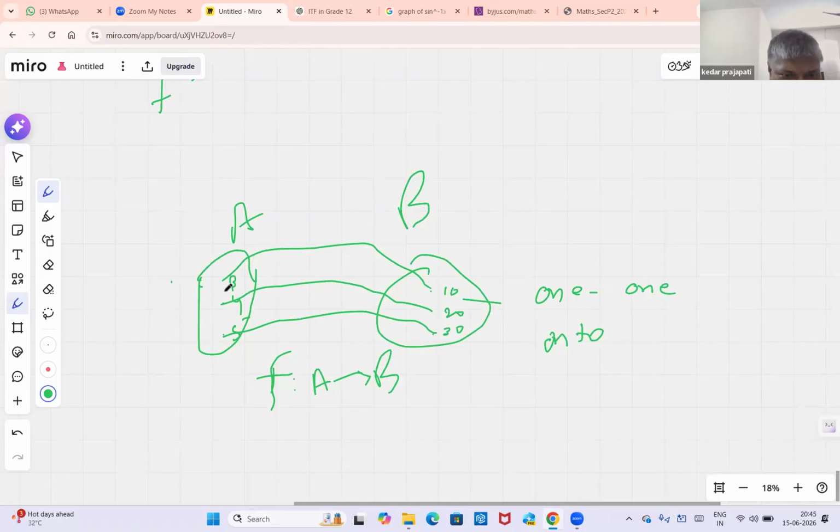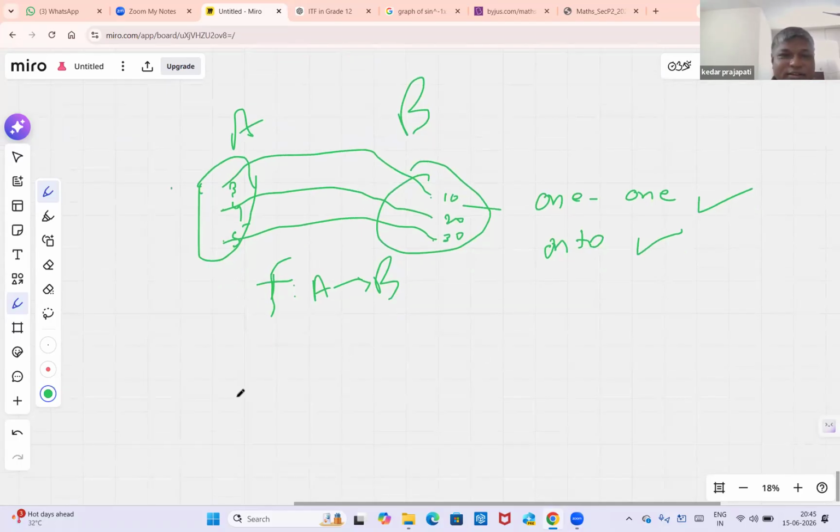But here all the elements have images, correct? So it is onto also. Clear? Yes.